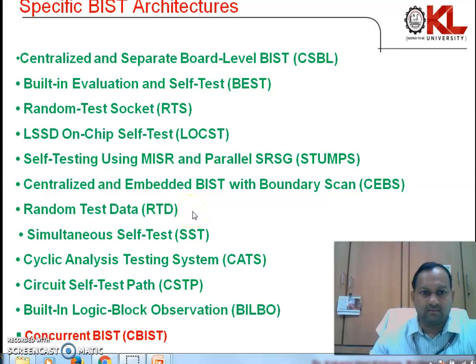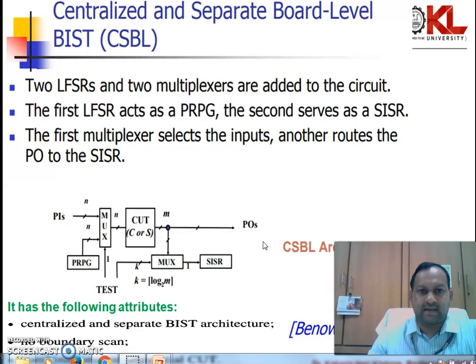First, you can observe the first architecture: centralized and separate board-level BIST, CSBL. In this BIST architecture, Benwich introduced it in the year 1975. Two LFSRs and two multiplexers are added into the circuit.